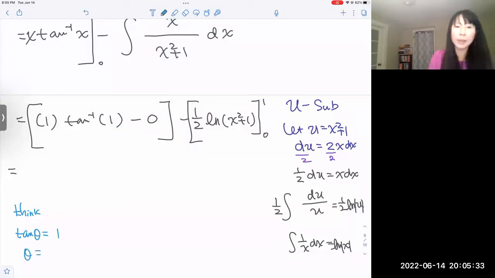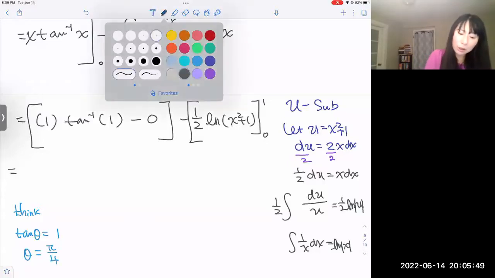What's the theta will be? Theta will be 45 degrees, which is pi over 4, right? Good. So we're gonna use pi over 4.